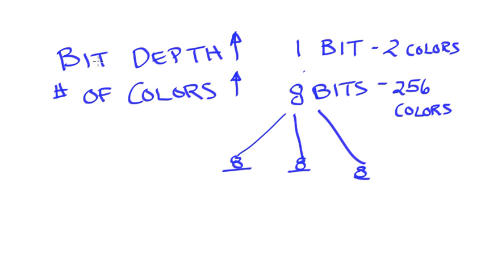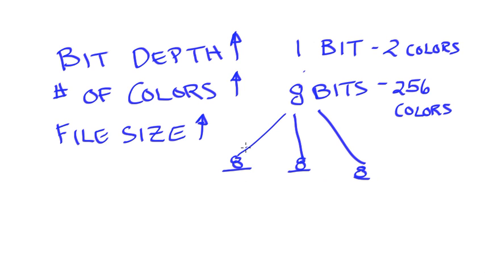but also as my bit depth increases, the number of colors increases, my file size will also increase. So if I had a black and white image, and if I were using 1 bit, that would not take up as much space as the image that is using 8 bits and 256 shades of gray.